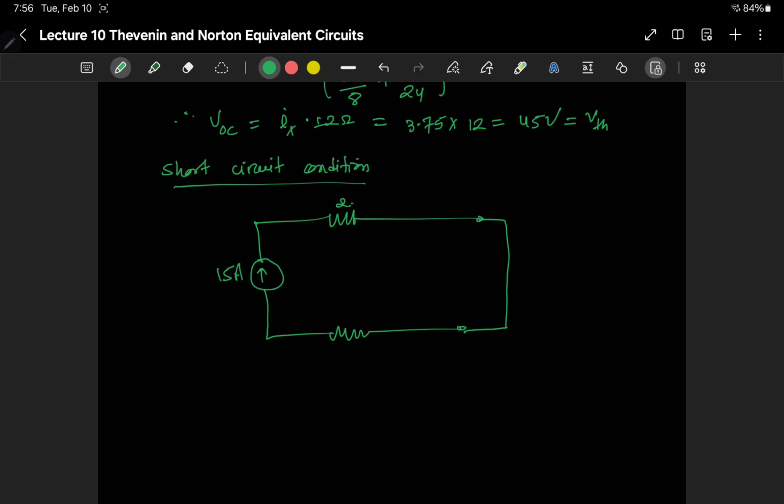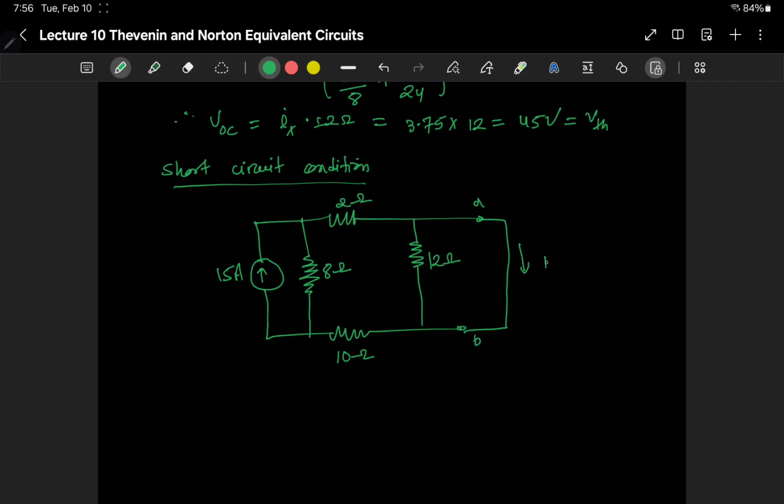So this was our 2 ohms, this was our 10 ohm, we had 12 ohm here, and we had 8 ohm here. So now we are short circuiting between points A and B.